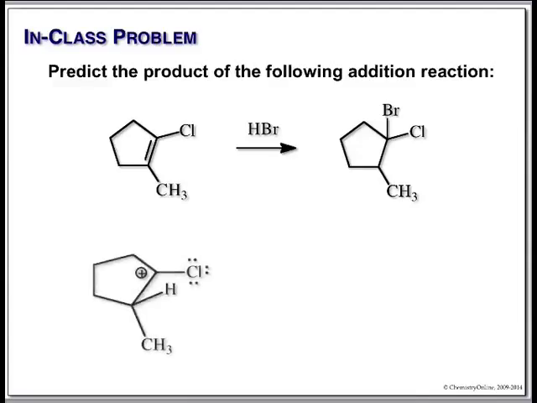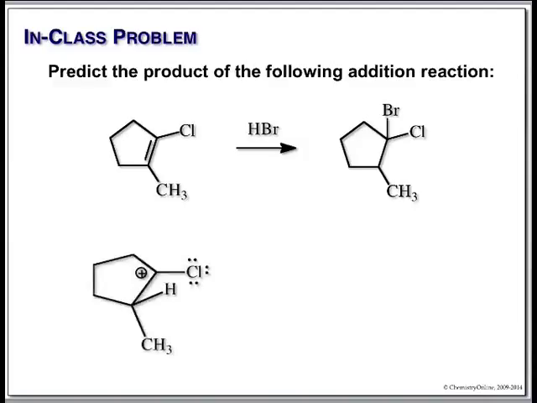Why is it more stable? Well, that's what we're going to do. This is what the carbocation looks like, right? And we have a positive carbon, and next to it we have this chlorine attached. Now remember, the Lewis dot structure, which I've shown here, chlorine has 3 pairs of unshared electrons.